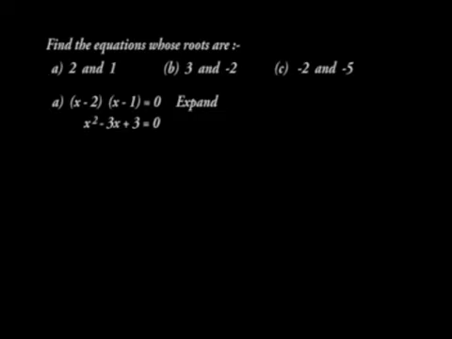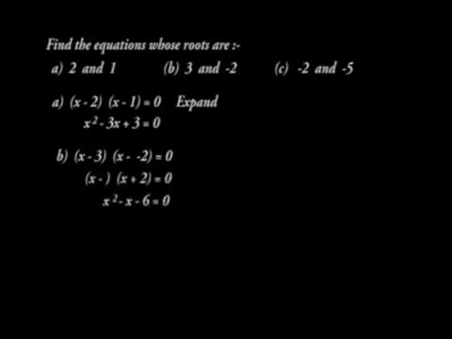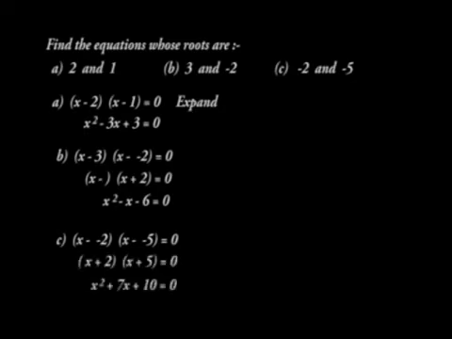B, (x minus 3) times (x minus minus 2) is 0. We expand and we shall get x squared minus x minus 6 is 0. C, (x minus minus 2) times (x minus minus 5) is 0. (x plus 2) times (x plus 5) is 0. x squared plus 7x plus 10 is 0.